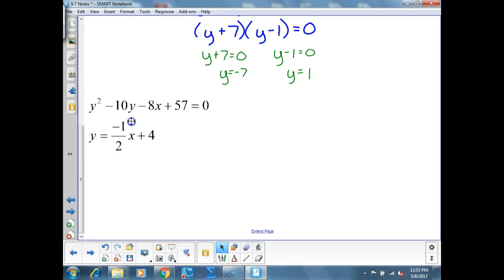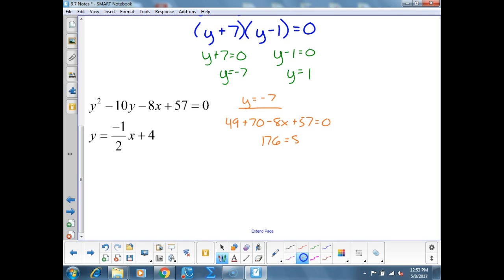Okay. So y equals negative 7 first. So that's going to be 49 plus 70 minus 8x plus 57 equals 0. So what is that? 176. So that's going to equal 8x then, right?